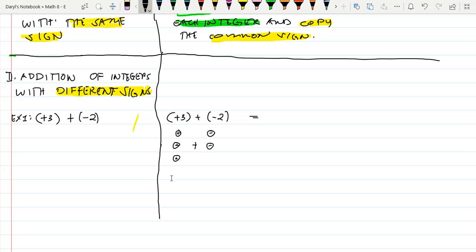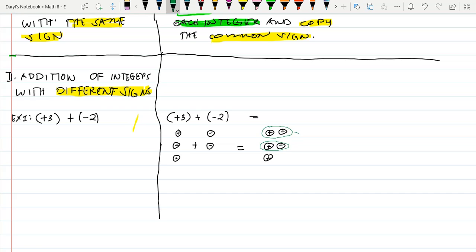So if we add them together, I have 3 positive chips and then 2 negative chips. However, you can see that I have a pair of a positive chip and a negative chip, and another positive and negative chip.